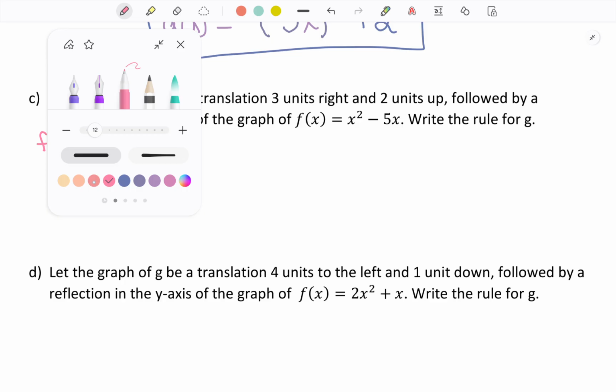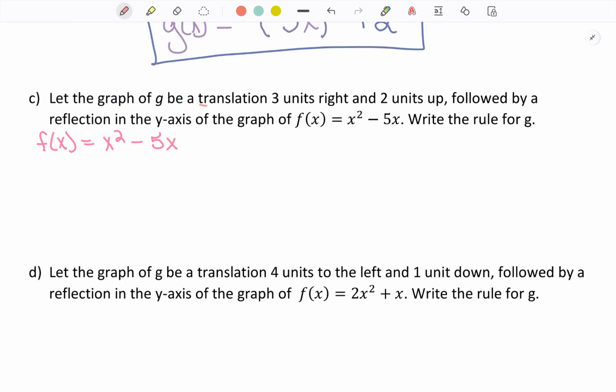So this needs to be added, or actually subtracted from x. So what's going to happen is we are going to have (x minus 3) squared minus 5 times (x minus 3). And so that's where we're going to be, because I have to put that on both instances of x.